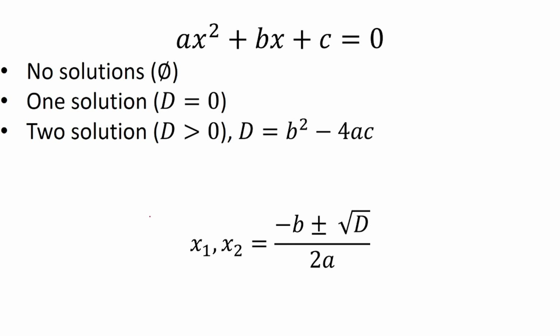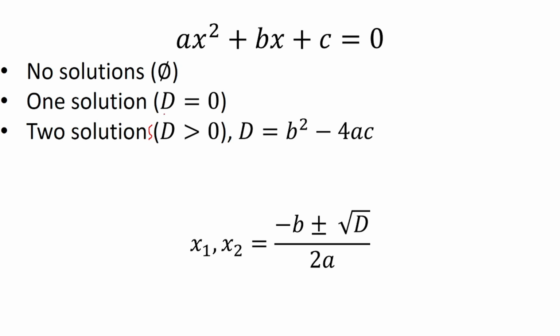So the quadratic equation, usually after being solved, has either no solutions, one solution, or two solutions. The quadratic equation has no solutions in the case where there aren't any roots or any numbers which satisfy the equation.